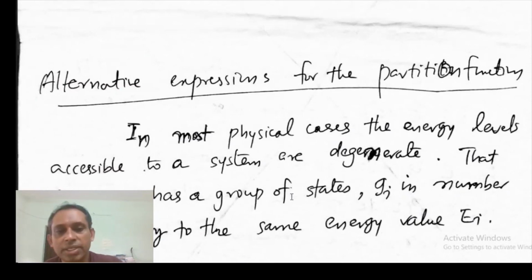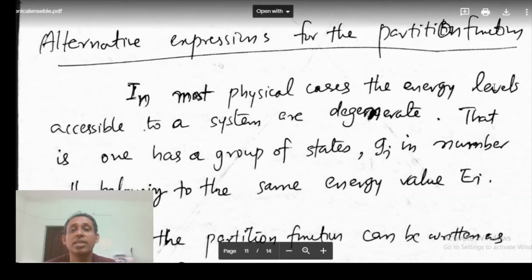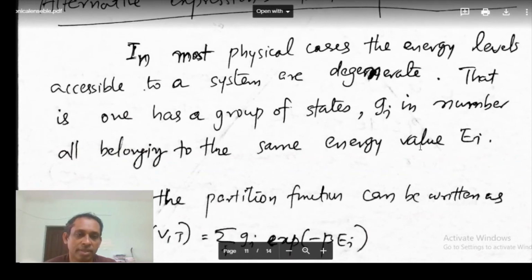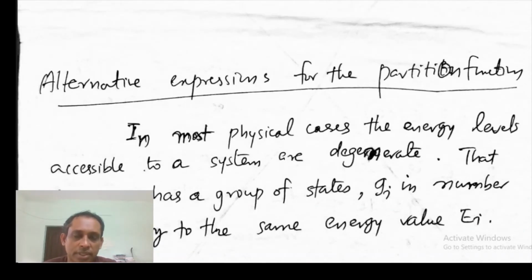We now see an alternative expression for the partition function, an expression which can be used for systems for which the energy levels are degenerate. So far we haven't seen the degeneracy.